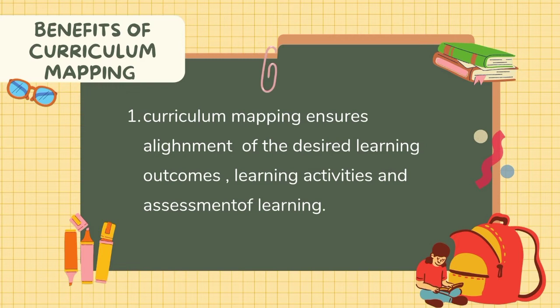And when we say alignment, it is a process aimed at ensuring coherence and consistency between the formal curriculum's intended outcomes and classroom teaching methods, assessment tasks, and learning activities.